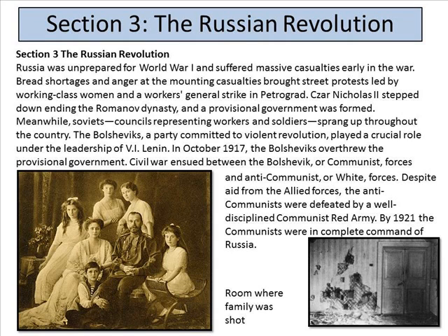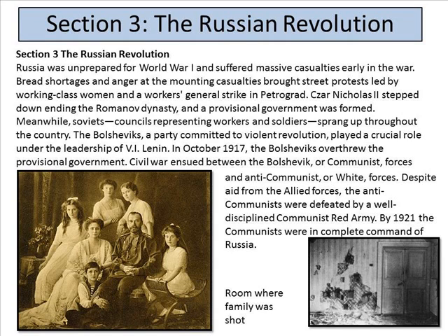Meanwhile, Soviets, councils representing workers and soldiers, sprang up throughout the country. The Bolsheviks, a party committed to violent revolution, played a crucial role under the leadership of V.I. Lenin, Vladimir Ilyich Lenin. In October 1917, the Bolsheviks overthrew the provisional government.